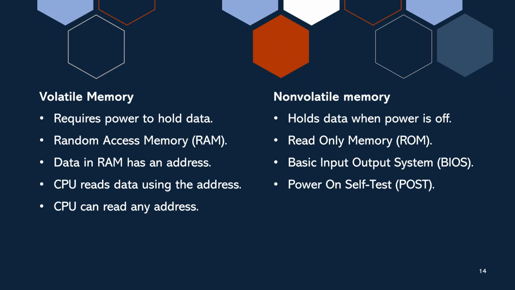Comparison of volatile memory and non-volatile memory. Volatile memory requires power to hold data, while non-volatile memory holds data when power is off. Random access memory (RAM) is one example of volatile memory, and read-only memory is an example of non-volatile memory. Data in RAM has an address.